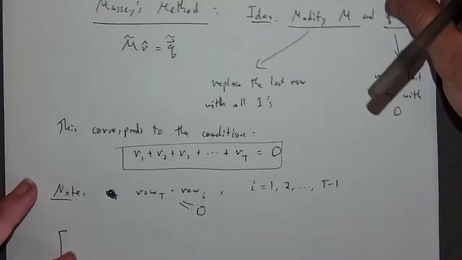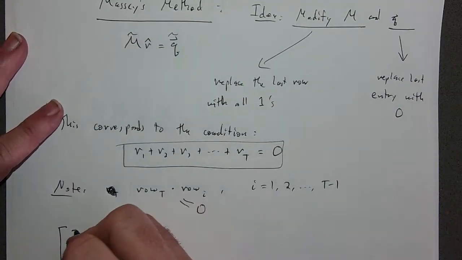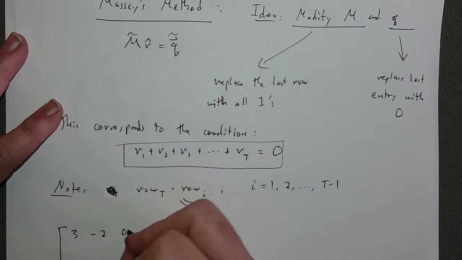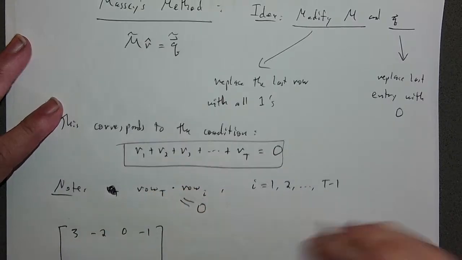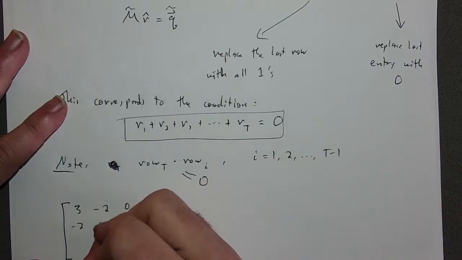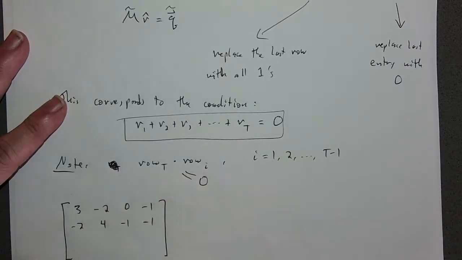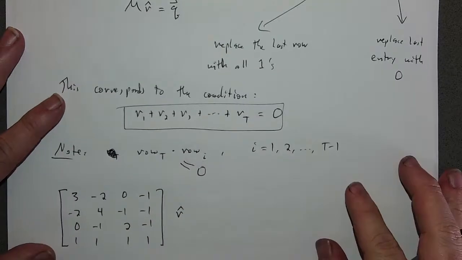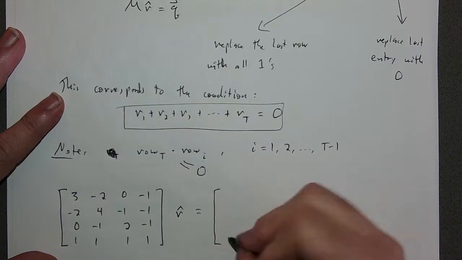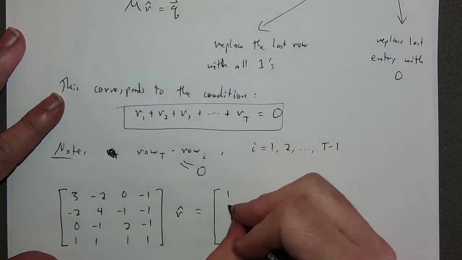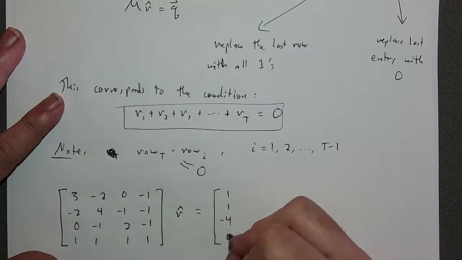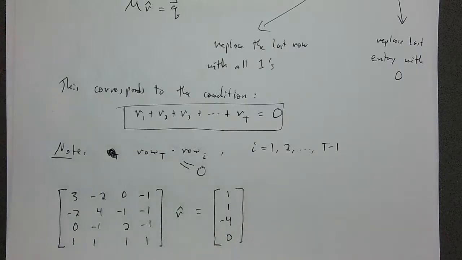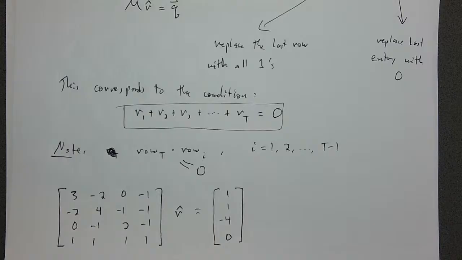Rewriting this, reading row-wise: 3, minus 2, 0, minus 1; minus 2, 4, minus 1, minus 1; 0, minus 1, 2, minus 1; 1, 1, 1, 1, times this vector r hat, is equal to my vector q, except I've replaced the last entry with a 0. So this is 1, 1, minus 4, 0. So this is my modified M and my modified q.